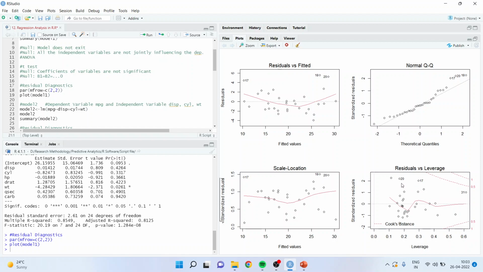The influential point may or may not be an outlier. In many lectures and books it is written that outliers are bad. But this plot precisely tells us that even though outliers are there, are they influential or not?